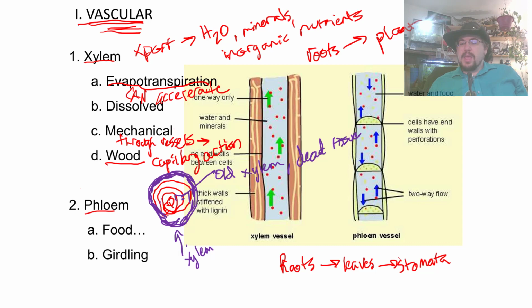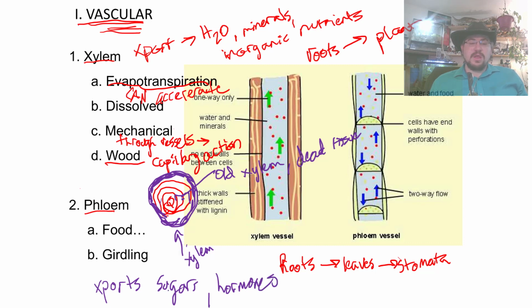Okay, so now we'll move on to phloem. Phloem transports sugars and hormones. And I should really call this carbohydrates to be technically accurate. Carbs and hormones.